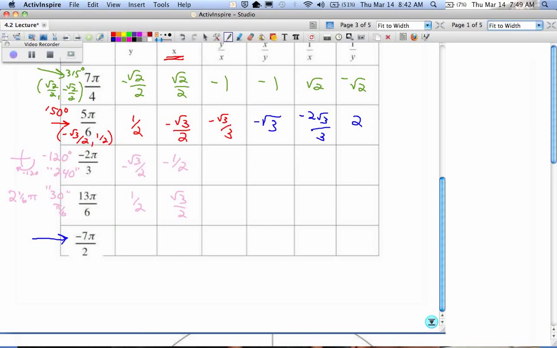So if I start at 0 and I go down to the bottom, that's negative 1/2 pi. Get to the left-hand side, that's negative 2 halves. Negative 3 halves. Negative 4 halves brings me all the way back to the beginning. 5, 6, 7. We actually land on the very top of the unit circle. So that's the same as 90 degrees.